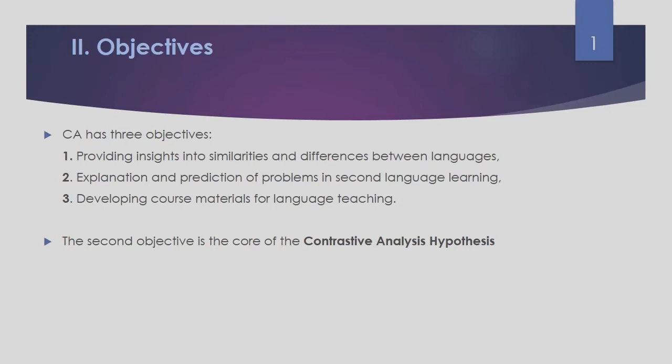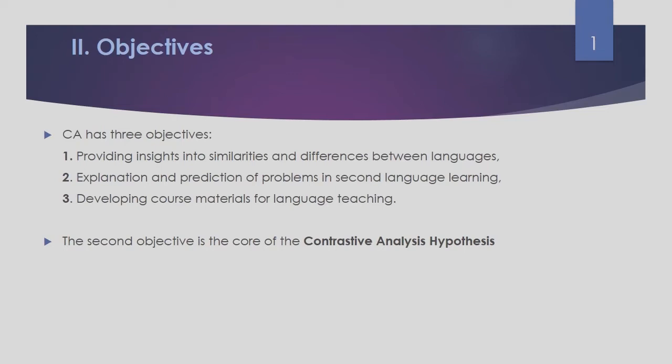That is, how does second language learning occur and what areas exactly are problematic for learners. Thirdly, the objective of CA is to develop course materials for language teaching. Of course, the course materials are based on the comparison itself.